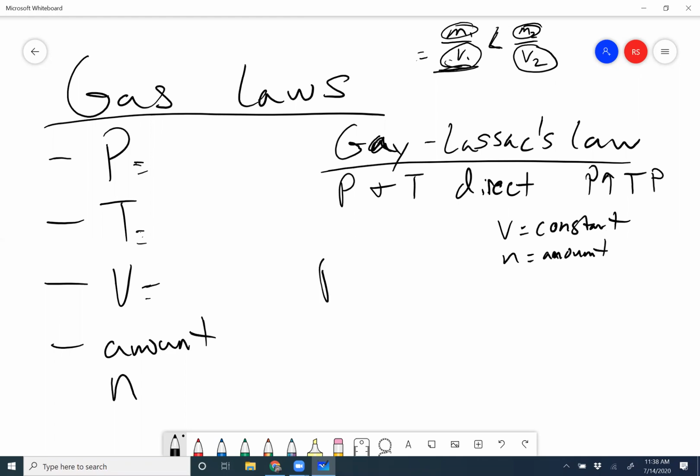He came up with the equation that the pressure of a system will increase with the temperature of the system and vice versa. And it was directly proportional as long as temperature was in Kelvin.